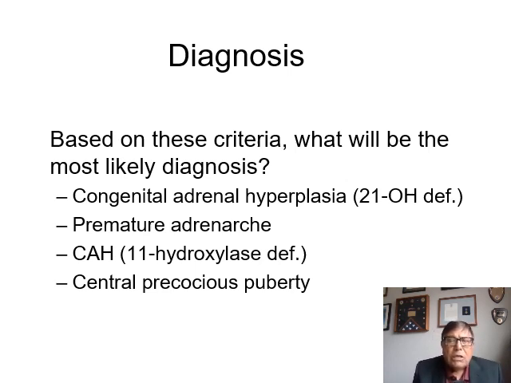Puberty will follow the normal sequence with the breast development and then pubic hair and so forth. In other words, the puberty here is completely normal, happens to be normal sequence, or happens to be early. So this does not fit central precocious puberty.